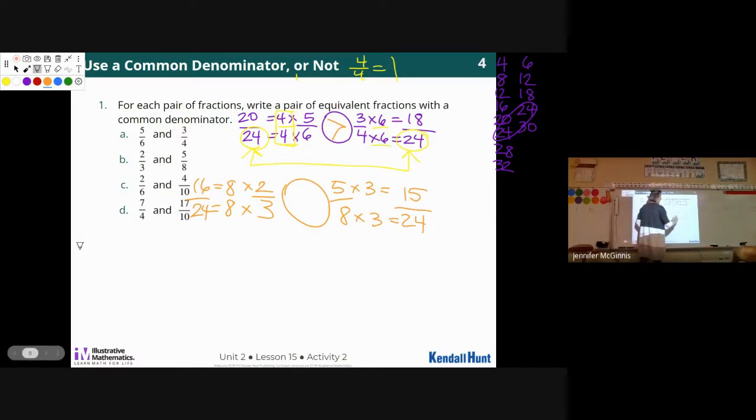I'm just doing it on both sides. That is the new addition to this strategy. I'm doing it on both sides. I'm doing multiplication on both sides to get a common denominator.